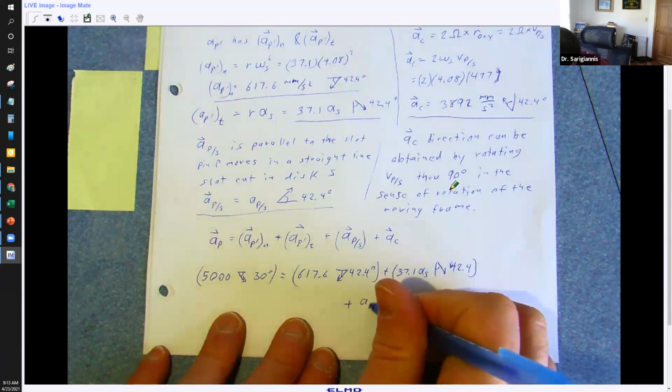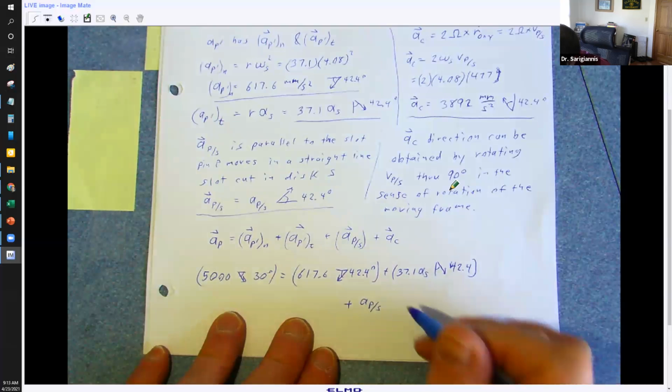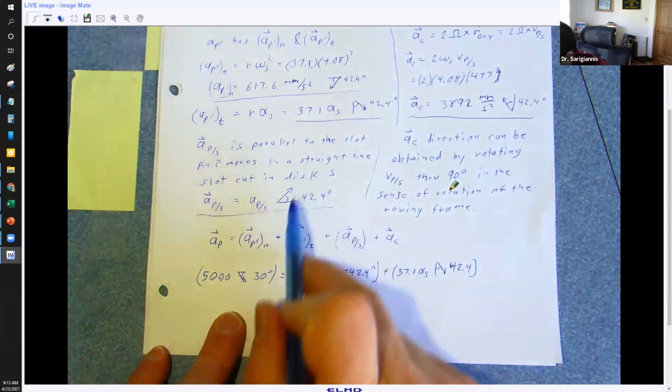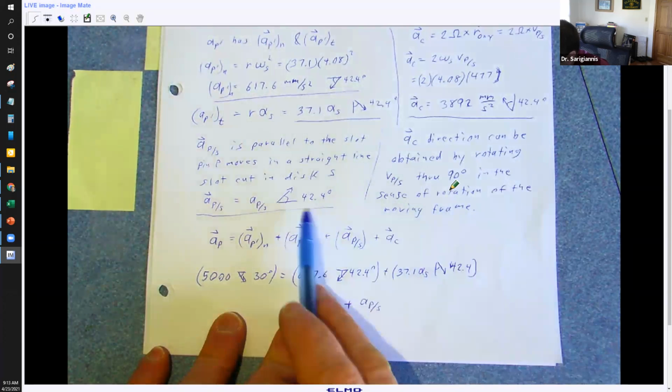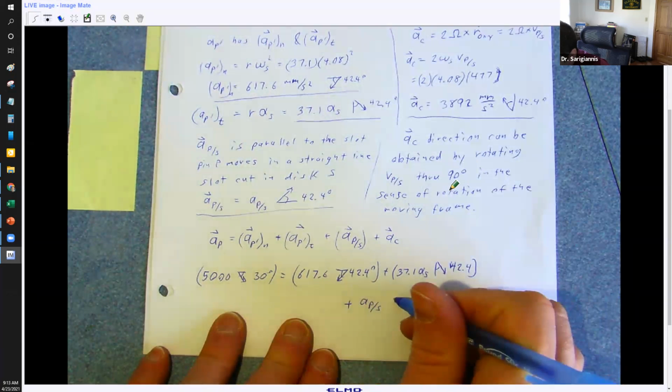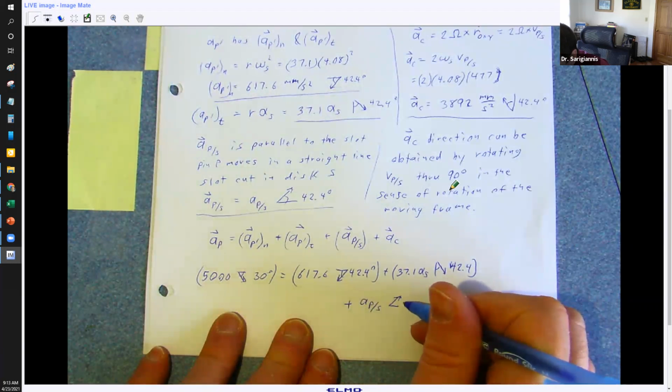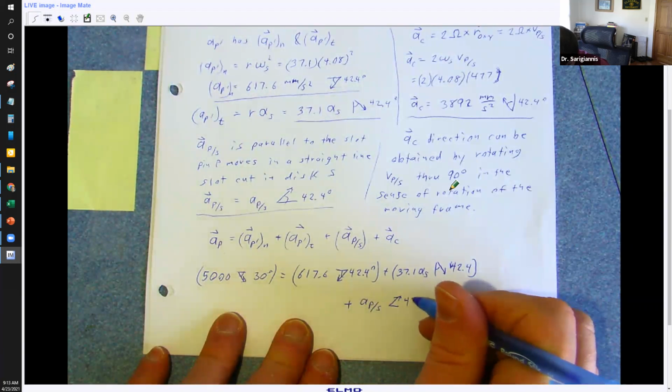And then A of P with respect to S. What the heck? Oh, here it is. We don't know this, right? This is at 42.4 degrees.